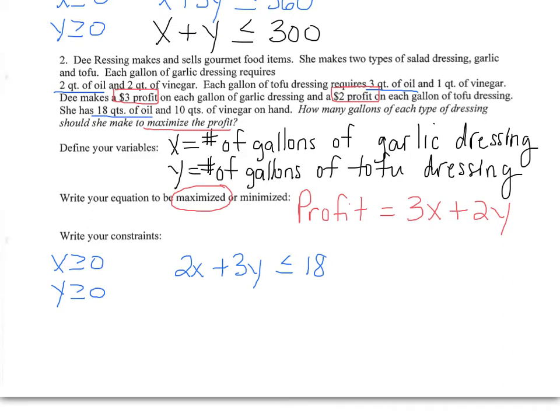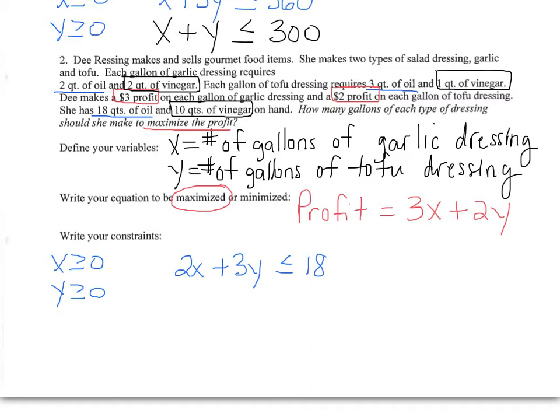That's going to deal with vinegar. I see that garlic dressing requires 2 quarts of vinegar, and I see that tofu dressing requires 1 quart of vinegar. And I see that we have 10 quarts of vinegar. So the 3 things that I put squares around or rectangles around deal with vinegar.